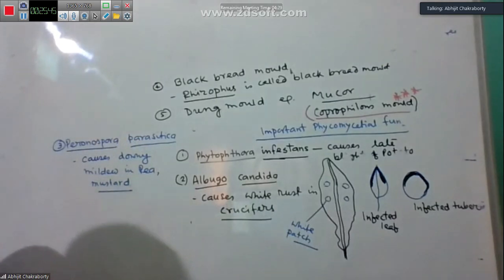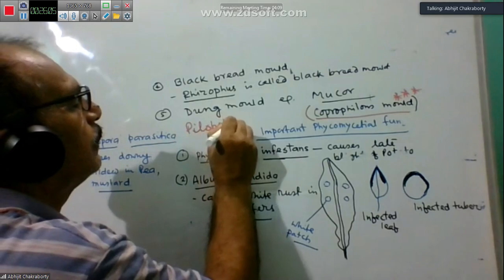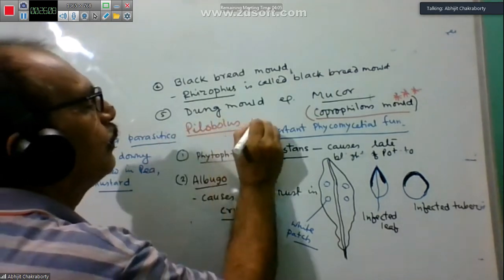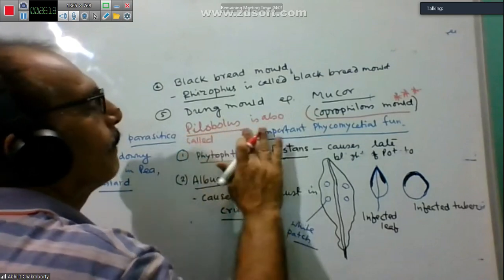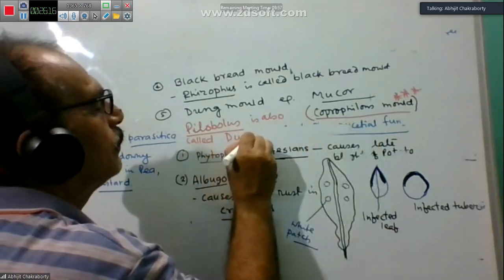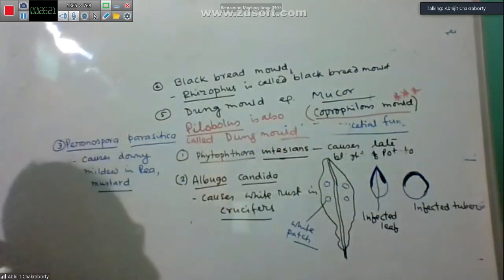So this is about the dung molds. Then Pilobolus is another dung mold. What is the importance of this? Why am I writing Pilobolus here?